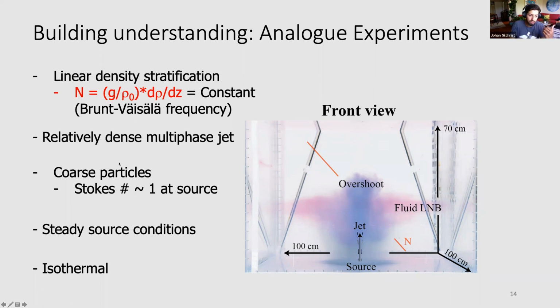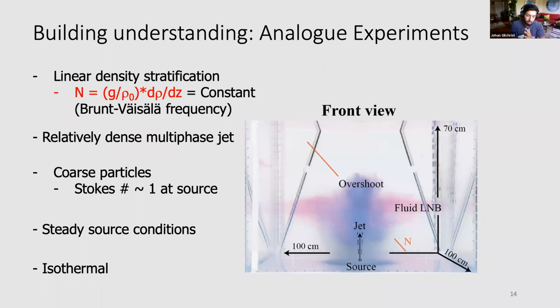So we inject a relatively dense multi-phase jet, composed of sand and water or salt water to tune the interstitial fluid density of the mixture that we inject. We are using coarse particles that have a Stokes number around 1 at the source. This is because we're also trying to investigate how two-way coupled particles, where the fluid influences the particle motions but the particle motions also influence the fluid motions, can affect entrainment into these jets, which is important because if you don't have sufficient entrainment, you go through collapse.